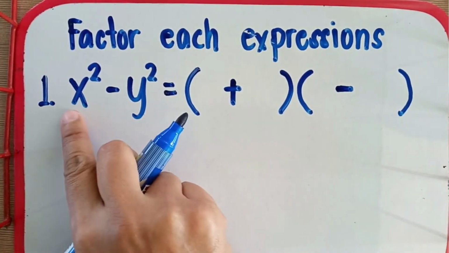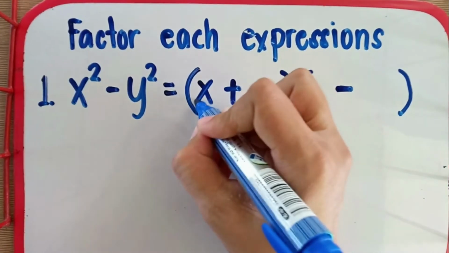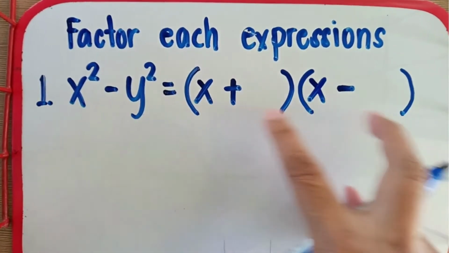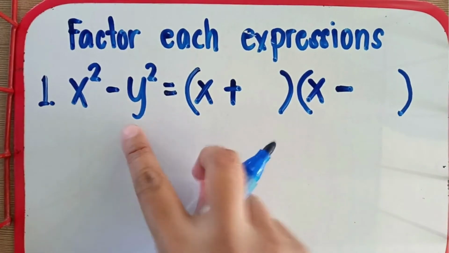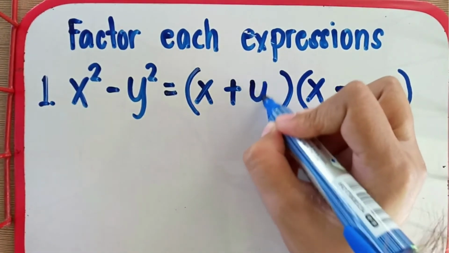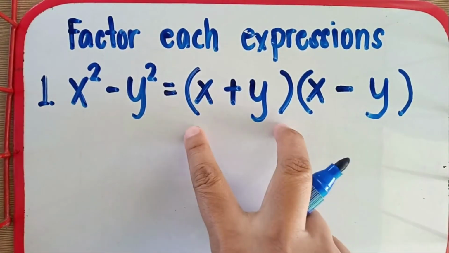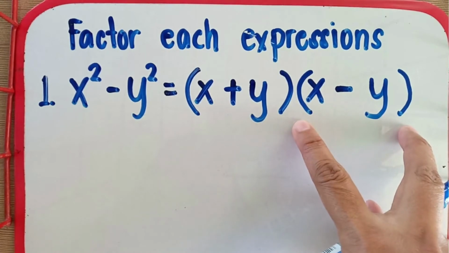What is the square root of x squared? That is x, which will serve as the first term of this binomial. And the square root of y squared is y. So our factors are x plus y and x minus y.